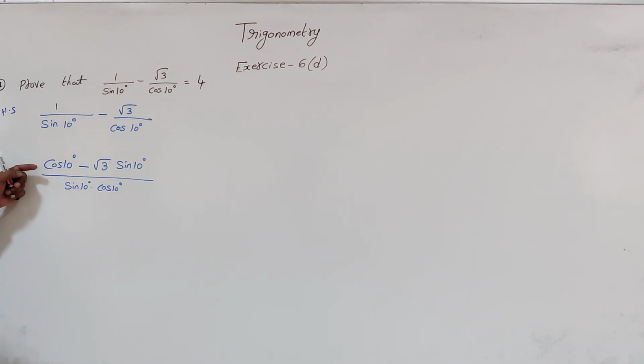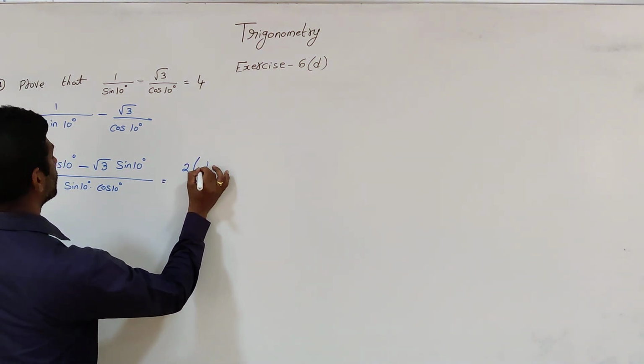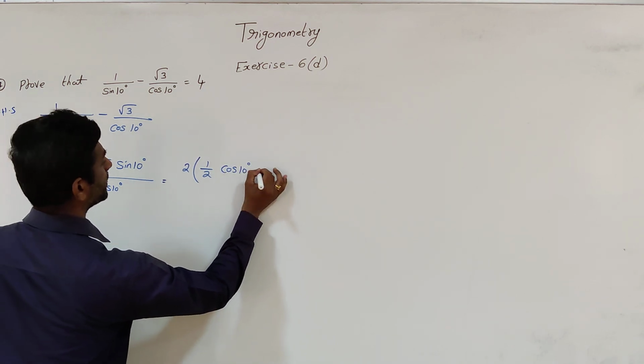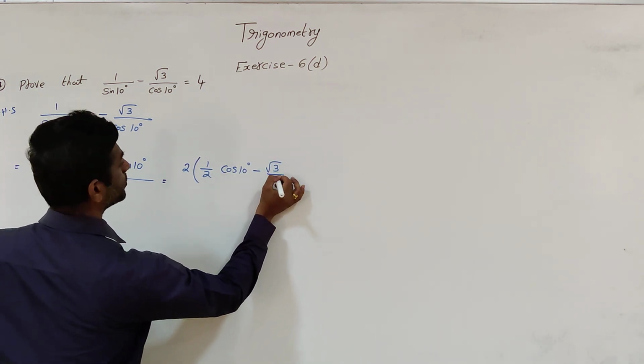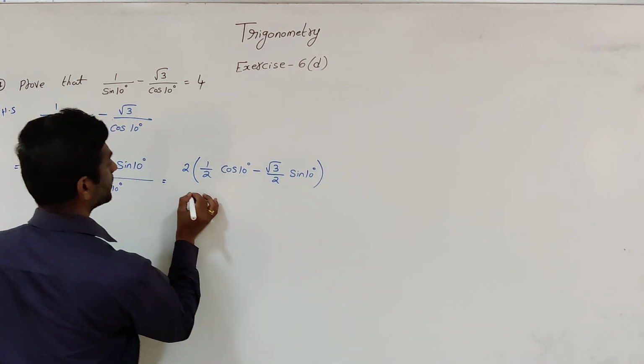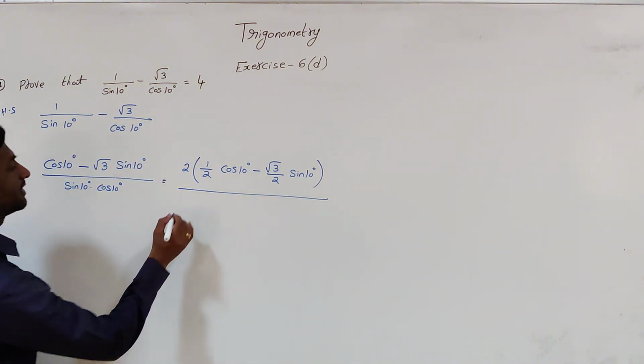Now multiply and divide with 2. What happens? 2 times of 1 by 2 cos 10 minus root 3 by 2 sin 10 degrees in the numerator. Similarly in the denominator also multiply and divide by 2.